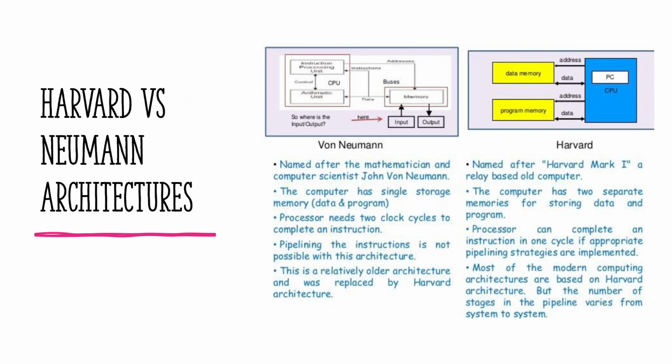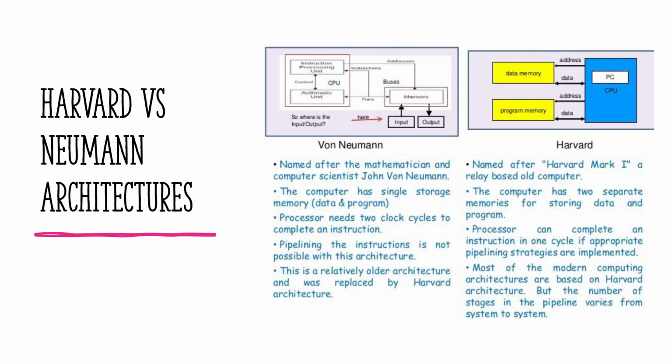As a short comparison between Harvard and von Neumann, you can see that von Neumann has a single storage memory. The processor needs 2 clock cycles to complete an instruction. Pipelining the instructions is not possible with this architecture, and this is a relatively older architecture that was replaced by Harvard architecture. Harvard is a computer architecture that has 2 separate memories for storing data and program.